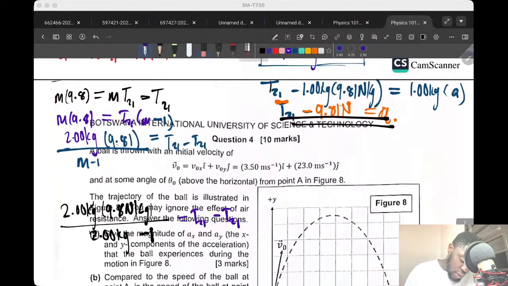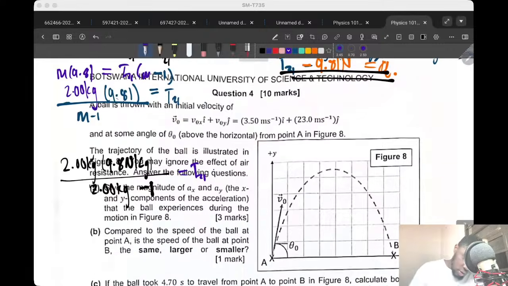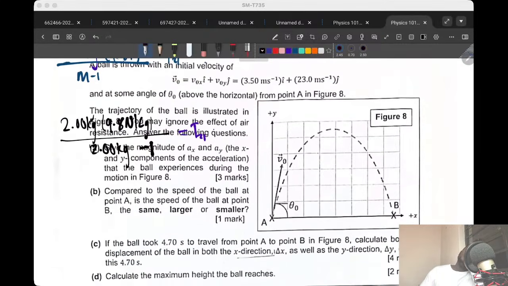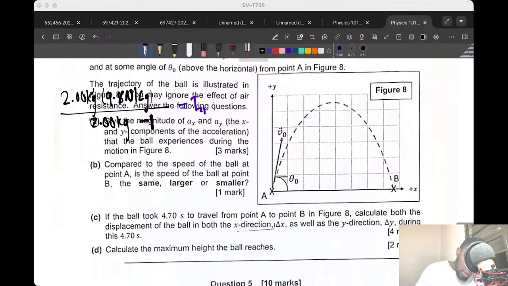Here we just remain with T21. Yeah, it's only T21 because this one, m minus 1, has gone. So look here, you can punch in the calculator, then you get your thing.